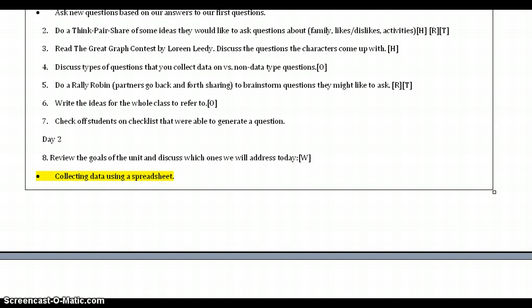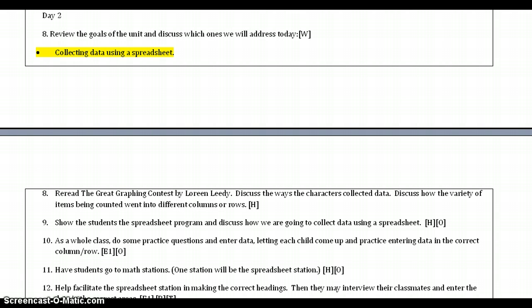So a rally robin is just a back and forth with a partner of, ooh, this would be a good question, and then one person would share and then the other person would share, and they'd go back and forth coming up with questions. Then after the rally robin, we would write some ideas for the whole class to refer to. And the last part of that day would be to check off on the checklist which students were able to generate questions and which ones still need some more help.